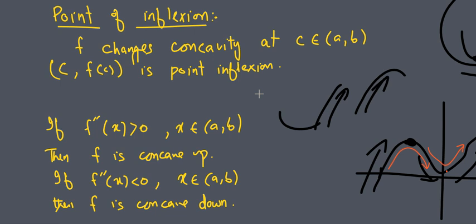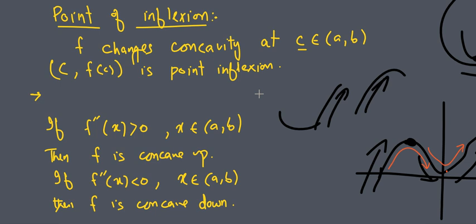Yes, clear, sir. Okay, now if c is the point of inflection, then what would be its second derivative at that point? It should be negative, right? Why?